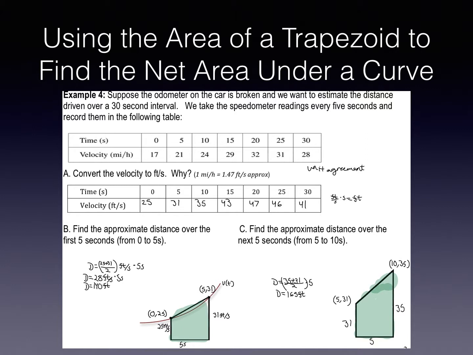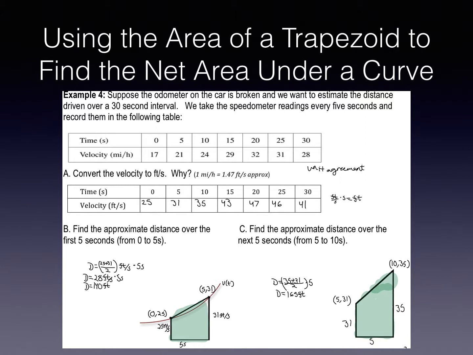We take the speedometer readings every 5 seconds and record them in the following table. There's all the times and velocities. We'll convert the velocities to feet per second because 1 mile per hour equals approximately 1.47 feet per second, so that we have unit agreement.